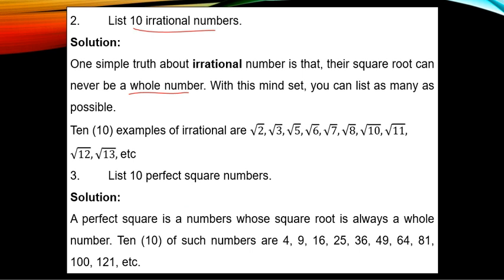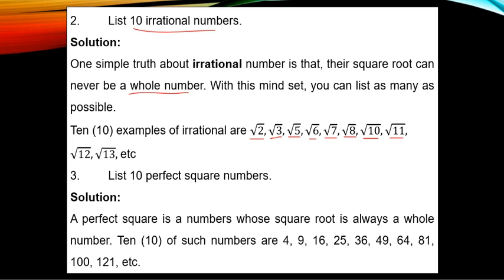Some of them are root 2, which gives you 1 point something, root 3, 1 point something, root 5 will give you 2 point something, root 6, 2 point something, root 7, 2 point something, root 8, 2 point something, root 10 is 3 point something, root 11 is 3 point something, root 12 and 13. So you can never get a whole number when you take the square root of such numbers. Okay?